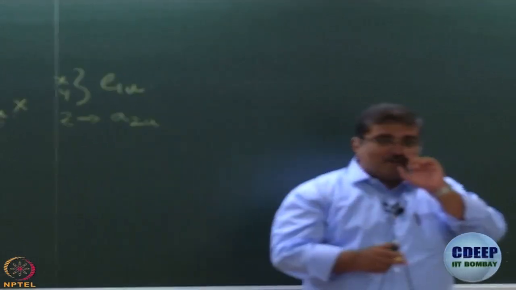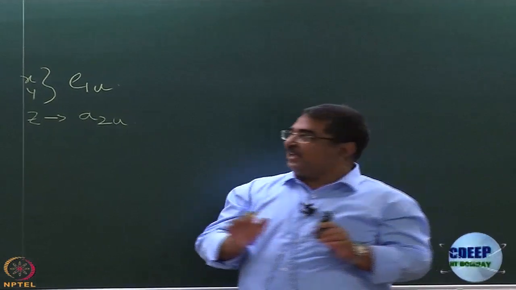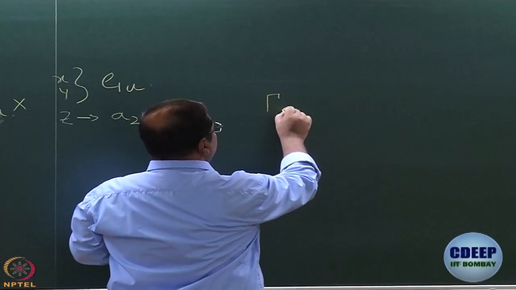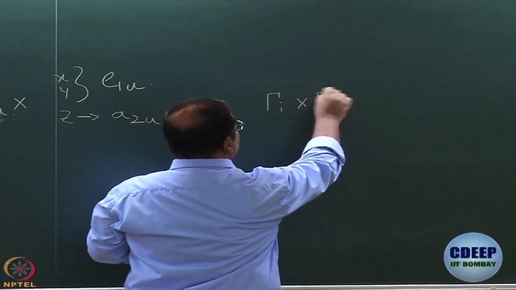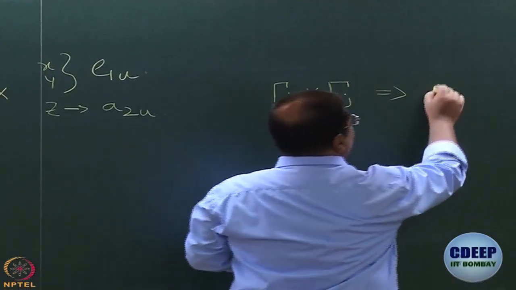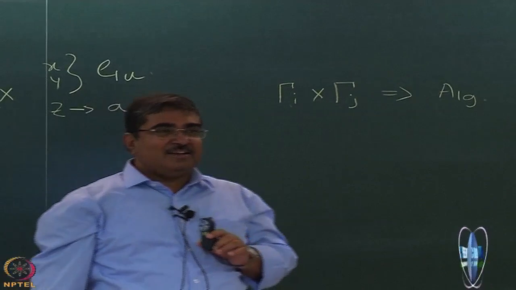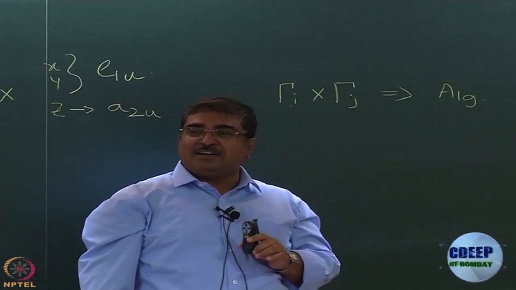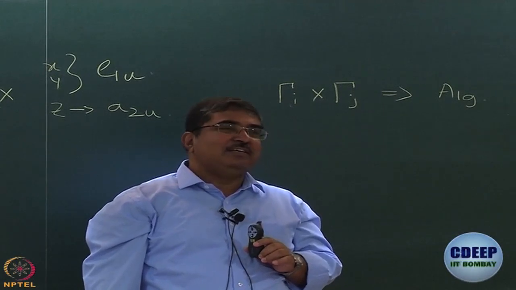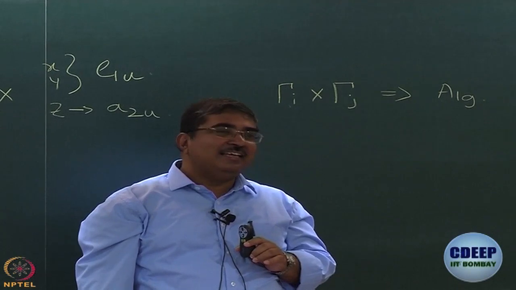And if you remember, one small working formula that we have worked out is this: gamma i cross gamma j. When will the direct product gamma i cross gamma j contain a totally symmetric representation, say A1g? We had worked this out.